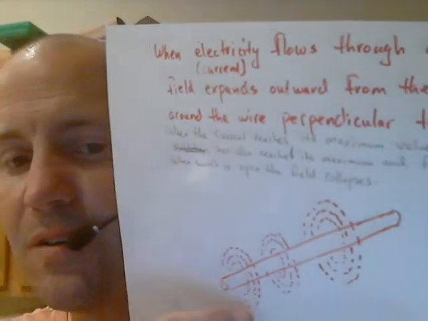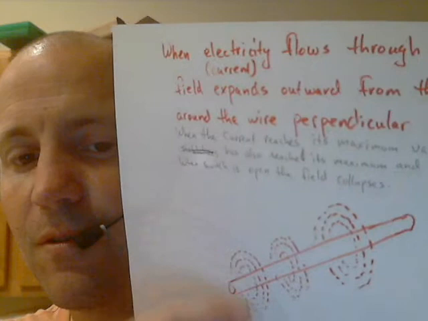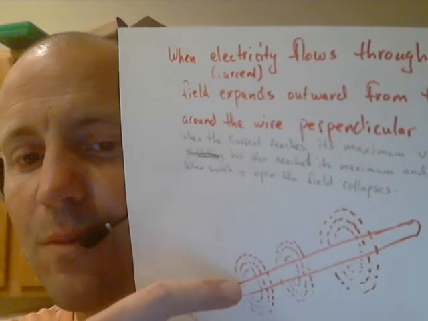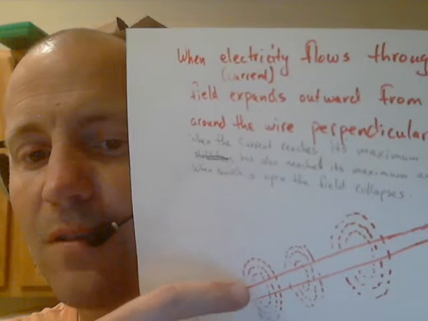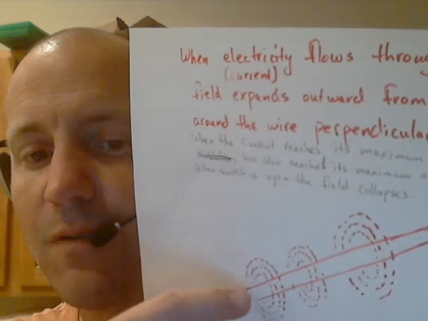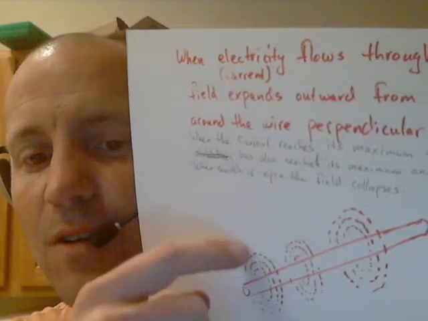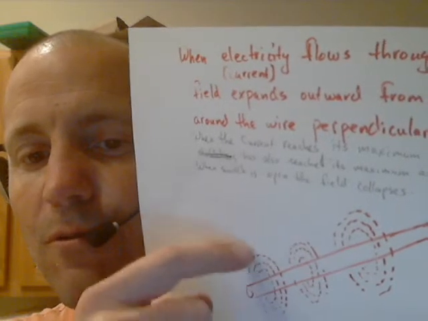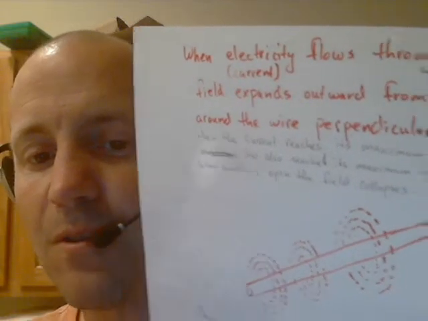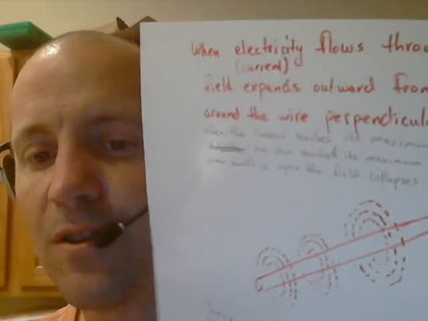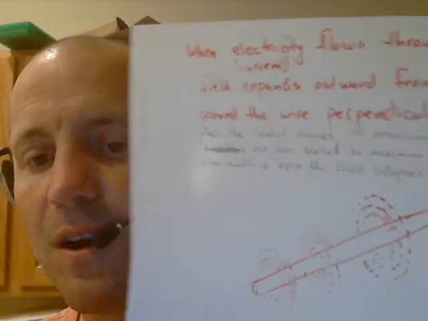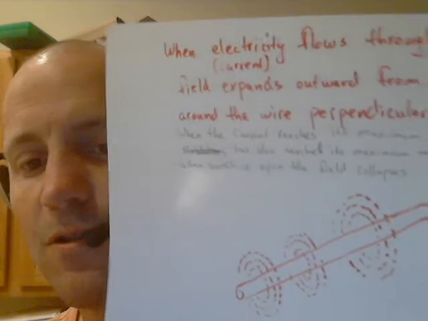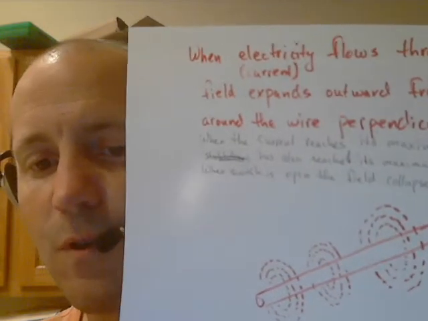Now, we also want to remember that when we have this expanding magnetic field moving out from the center of the conductor, the lines of magnetic flux cut through the conductor itself. This induces a voltage in the conductor, and that voltage is always in opposition to the source voltage.